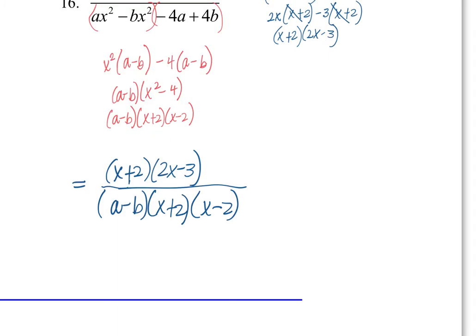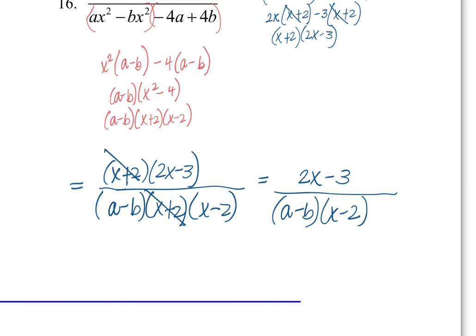Okay, when I do that, I notice that we have a factor of x plus 2 that repeats in the top and the bottom. So we're left with 2x minus 3 divided by a minus b times x minus 2. And just realize, I do realize visually, yeah, there's a 2 on the top and the bottom.